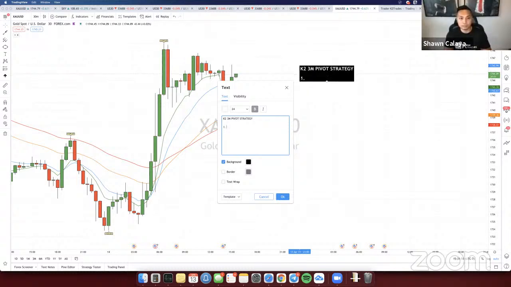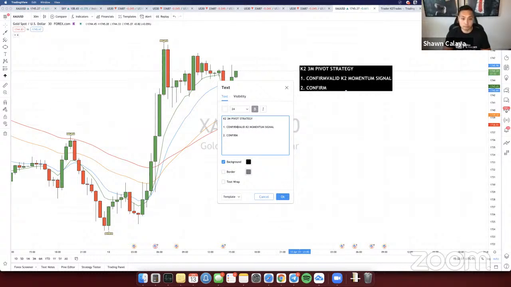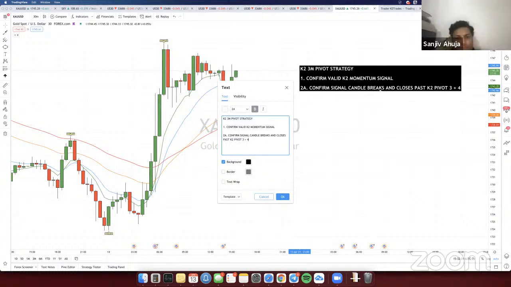So for this, you want to confirm a valid K2 momentum signal. Then 2A, let's call this 2A: confirm signal candle breaks and closes past K2 pivot 3 and 4.